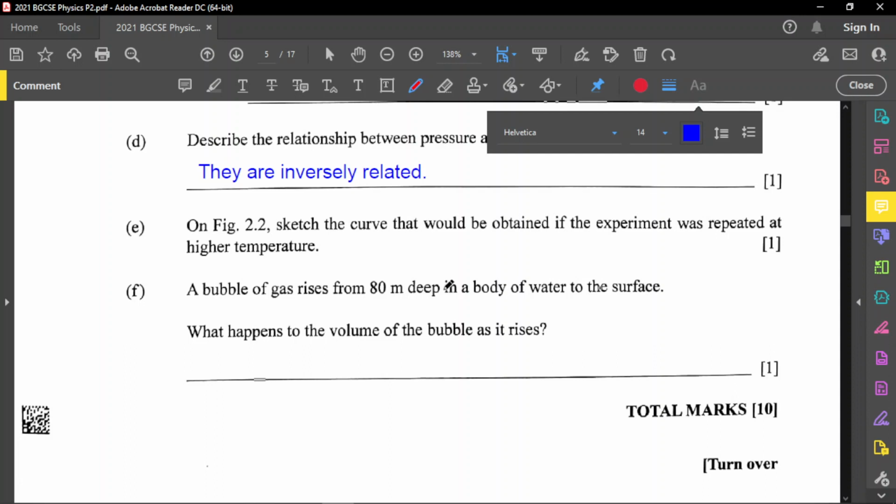So the closer you get to the surface, the pressure is less. So as the bubble rises, there is less pressure on the gas particles. Therefore, as pressure decreases, we have an increase in volume. So the gas bubble gets bigger.